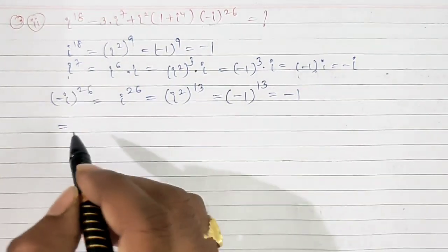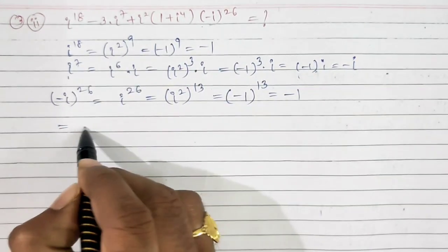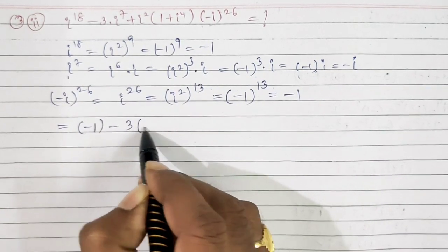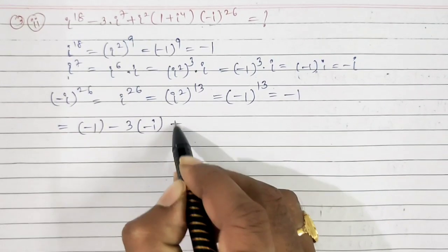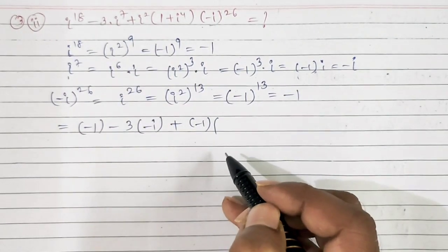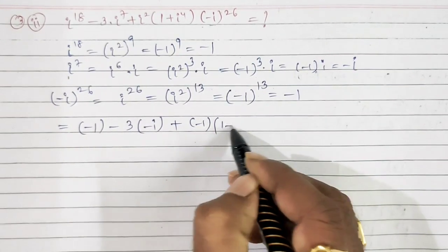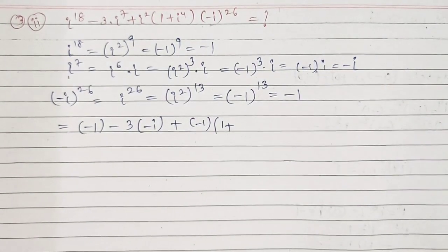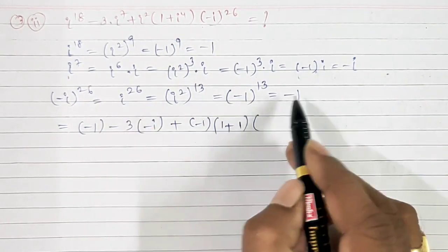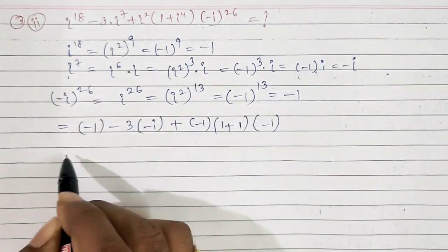Now substitute these values in the given expression. Then i power 18 value is minus 1, minus 3 into i power 7 value minus i, plus i square value minus 1 into 1 plus i power 4 value, which is 1, into (minus i) whole to the power of 26 value, we got minus 1. Now simplify.